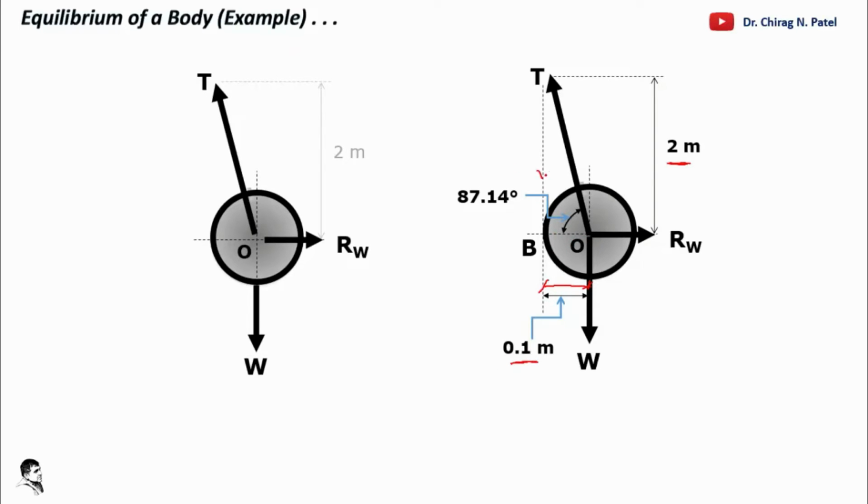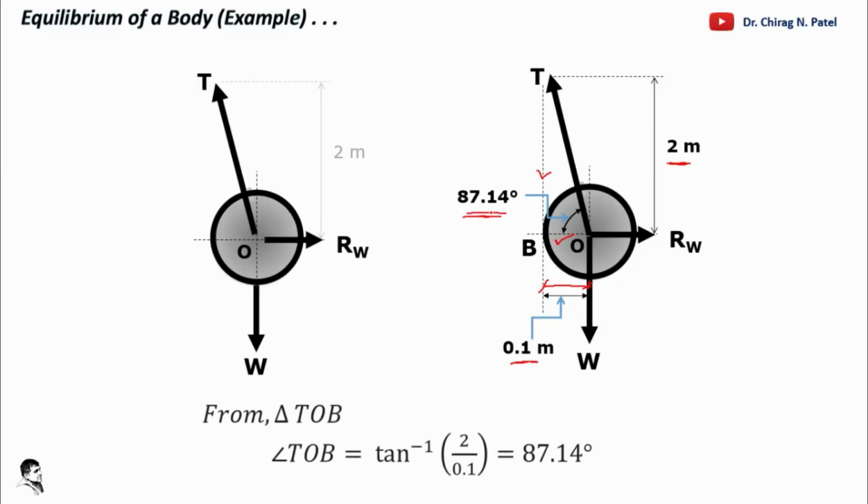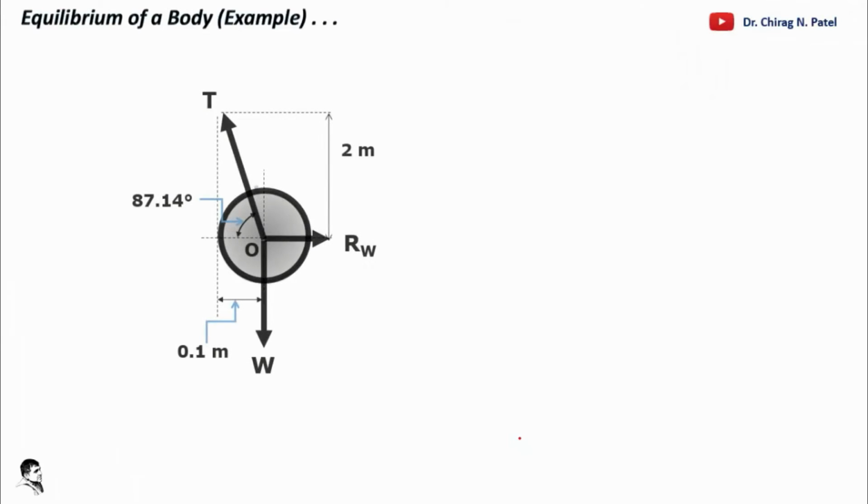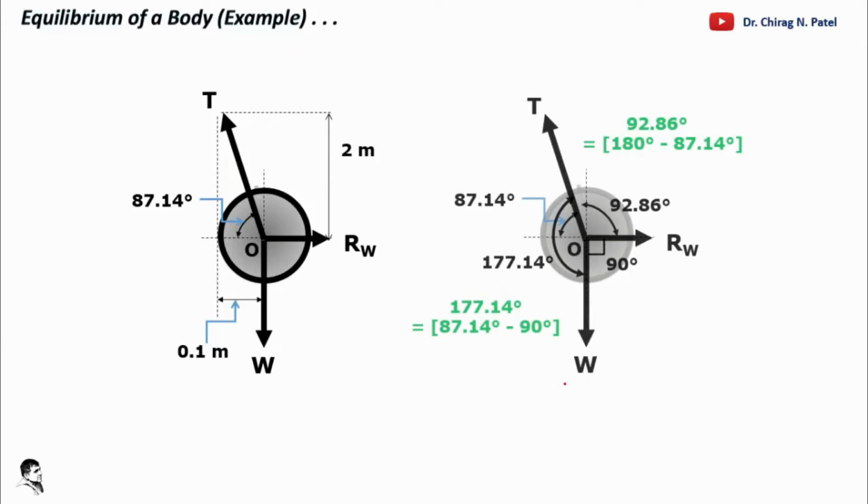So two sides you know very well, and you can easily find this angle by applying tan, that is 87.14 degree. This is the resolution of angle TOB, 87.14 degree.